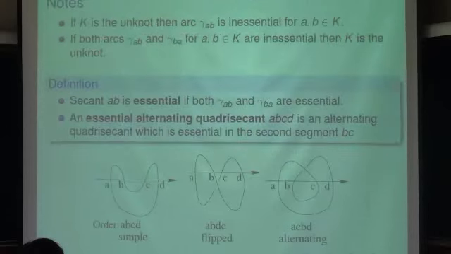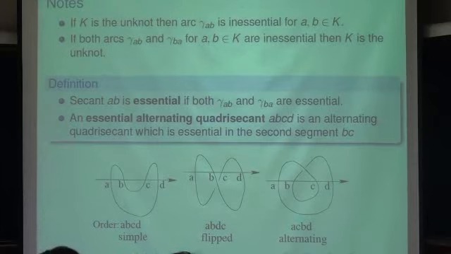Okay, so I thought in the last 10-15 minutes before lunch, I would tell you about other results about quadrisecants. And something you may have wondered is, my title was Quadrisecants of Knots and Links. What about links?